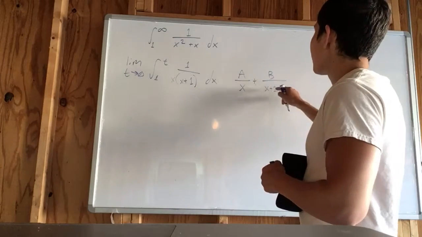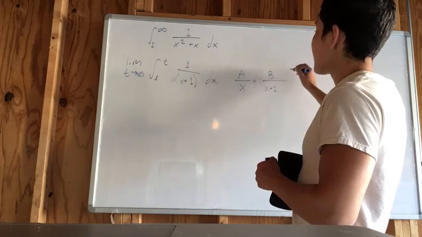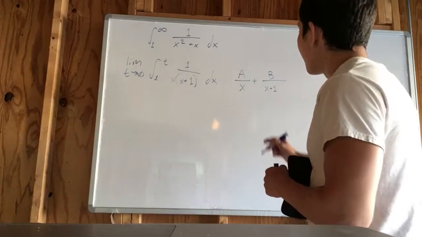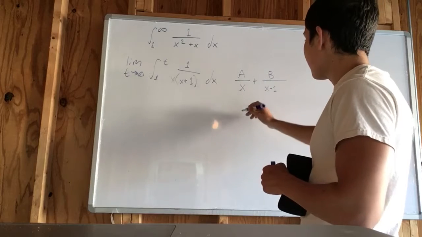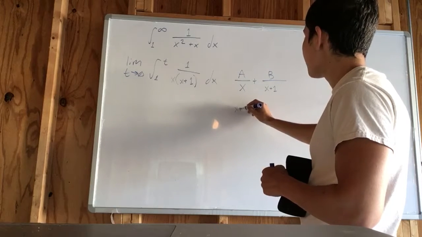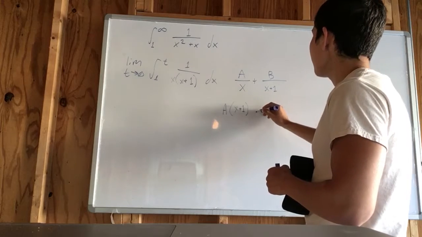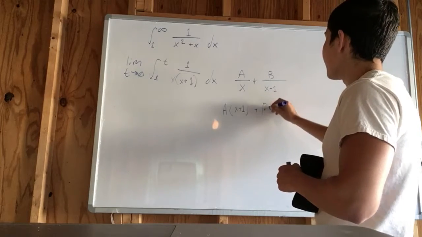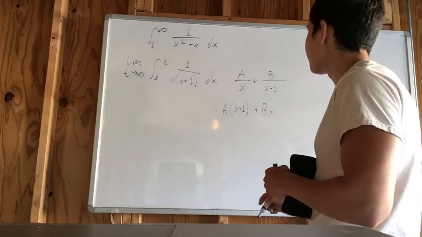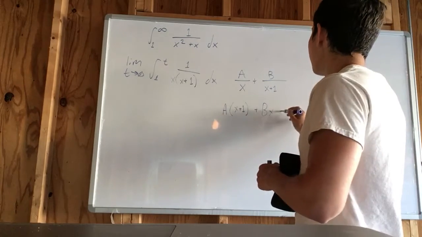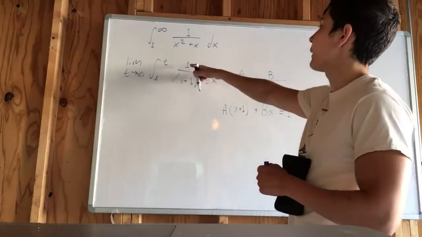If this was squared in something, then we'd have like bx plus c. So now we multiply x plus 1 to this side, and we multiply x to this side, bx. This entire thing equals 1.